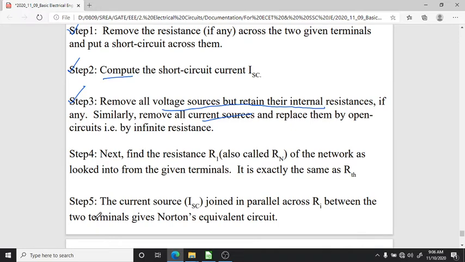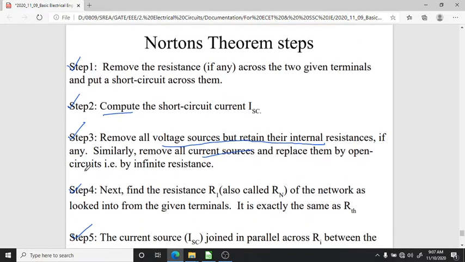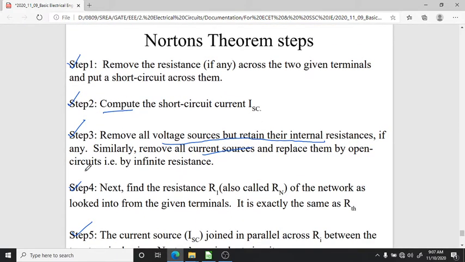Step 5: the current source joined in parallel across RI between the two terminals gives Norton's equivalent circuit. Like this, you apply Norton's theorem to any electrical network to simplify it and get the results.